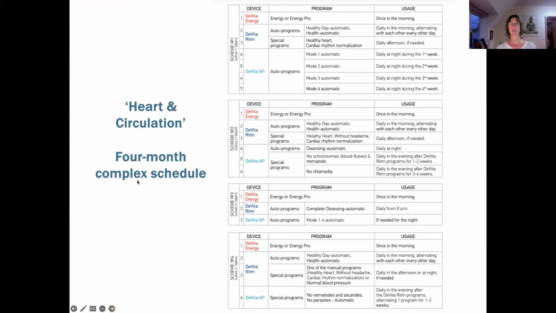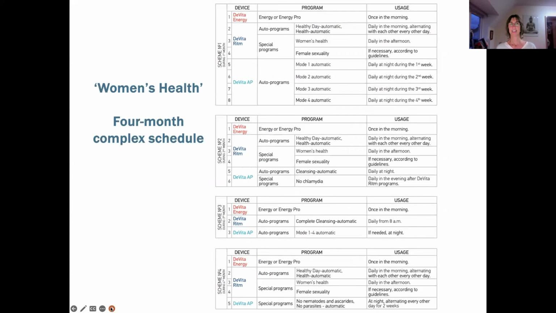So this is one to improve the heart and circulation. And you can see there's programs in here like Healthy Heart, like cardiac rhythm normalization, various other programs like healthy heart without headaches, because often headaches are caused through lack of circulation to the head, and normal blood pressure. There's very specific extra programs that are added in.